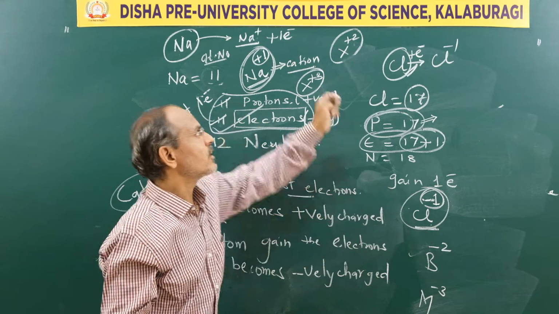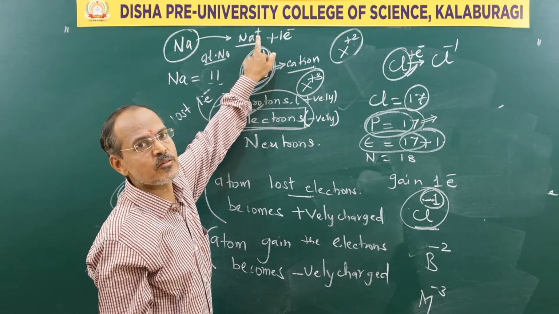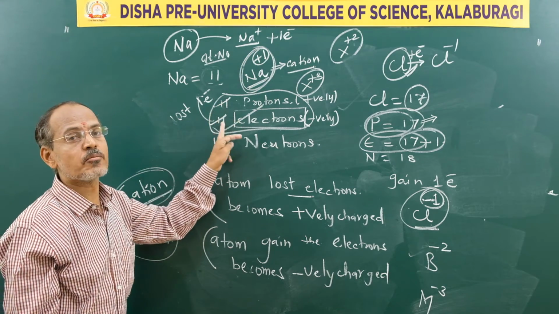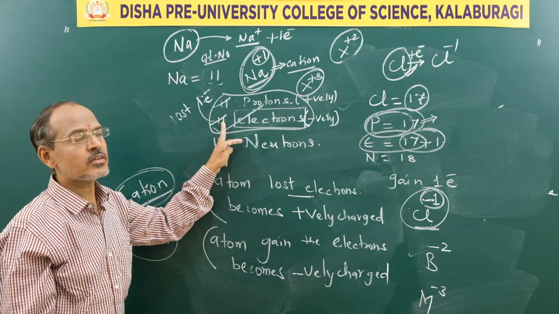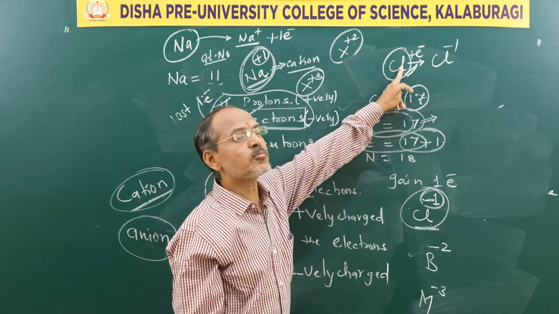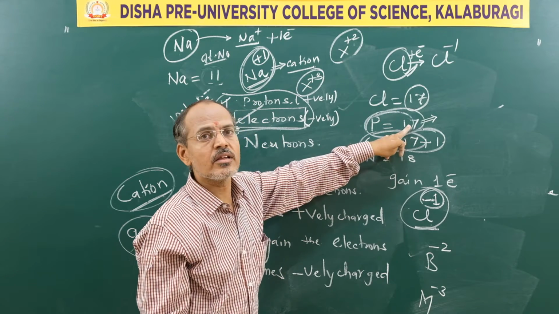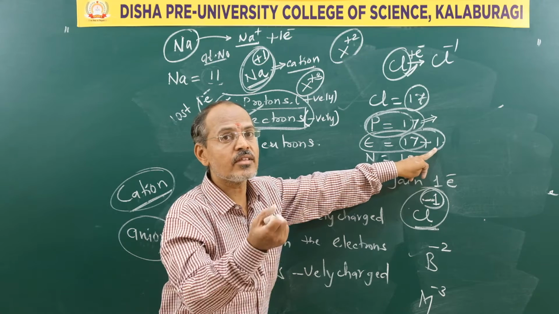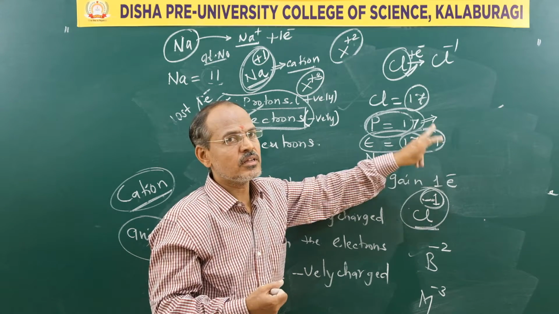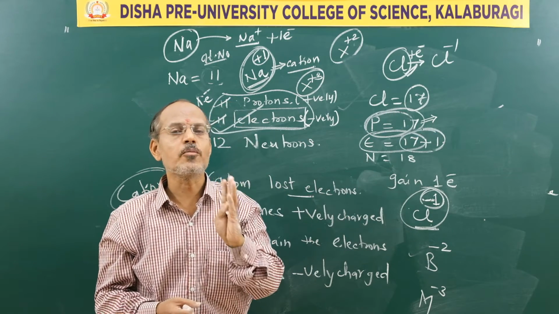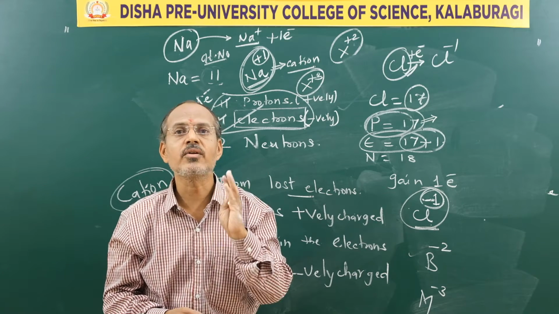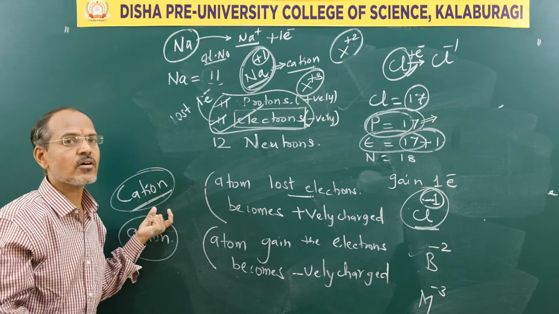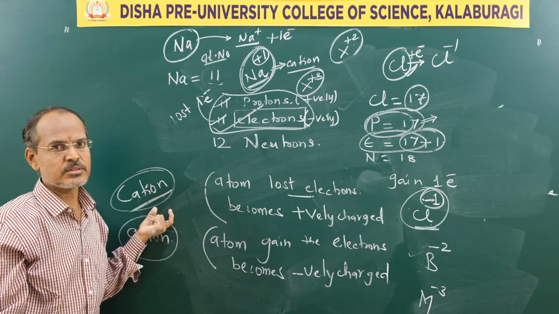If electrons are lost, the sign is positive because protons are more than electrons. So this is about accepting as well as donating electrons, which we call the ion concept.